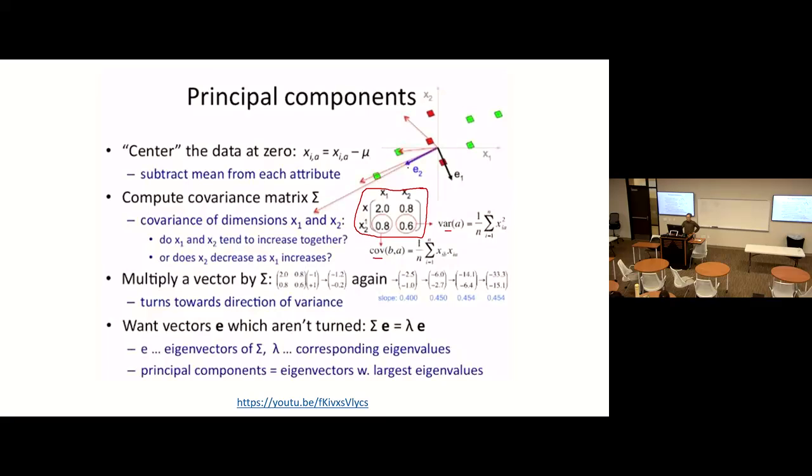In this example, it's using E2, this vector, as a new x axis. E2 is the eigen system for this sigma.